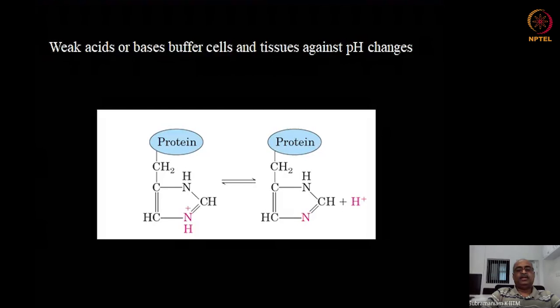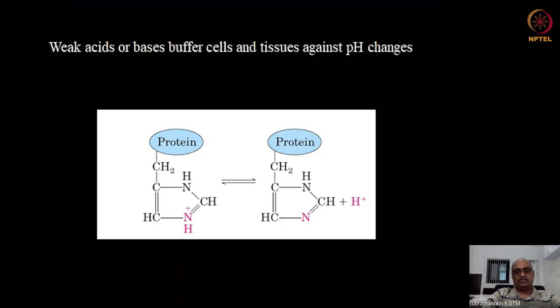Individual amino acids have two charged groups. We already saw it in glycine. The amino group can be protonated to NH4, and the carboxylic acid group can dissociate a proton. So you have two groups already in every amino acid, but of course they are going to participate in the polymer, like in the peptide bond.